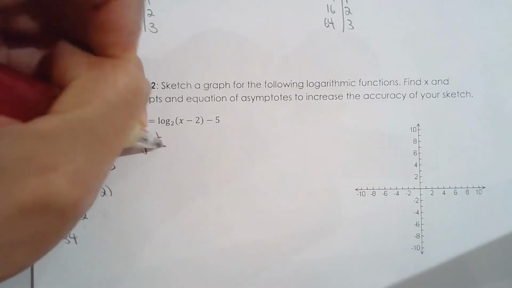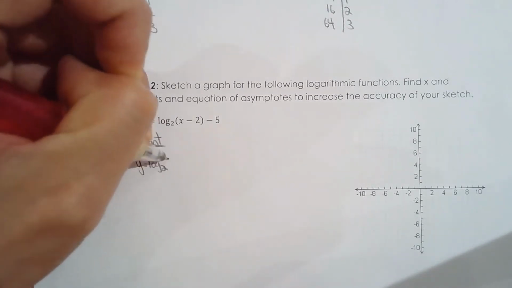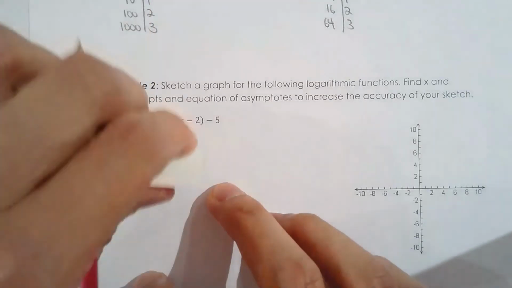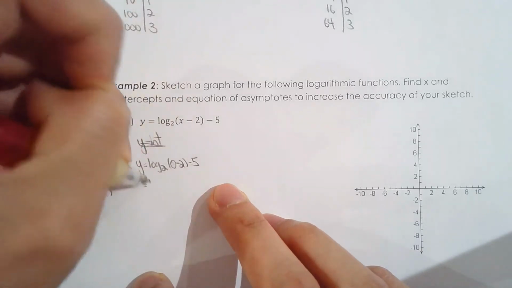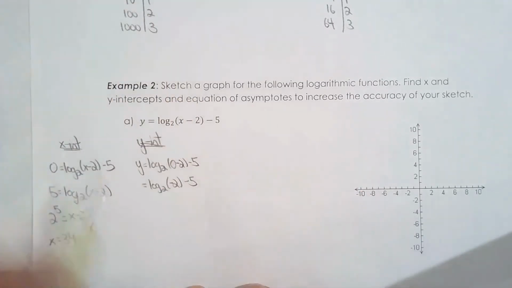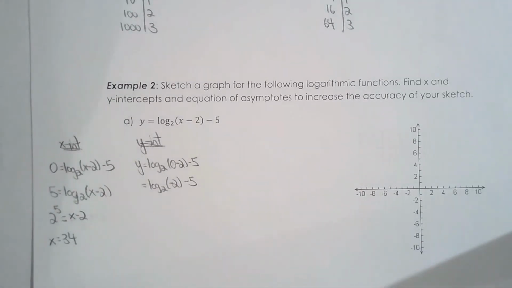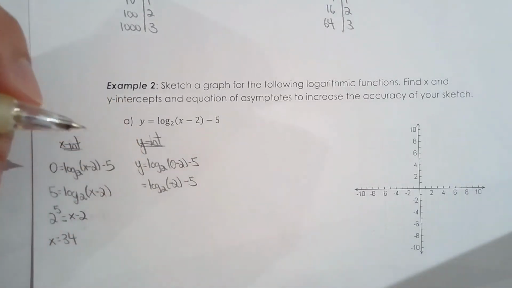So y-intercept, let x equal 0. Now, this is undefined. Log base 2 of negative 2 is undefined, because you cannot have an argument which is less than 0, or even 0.